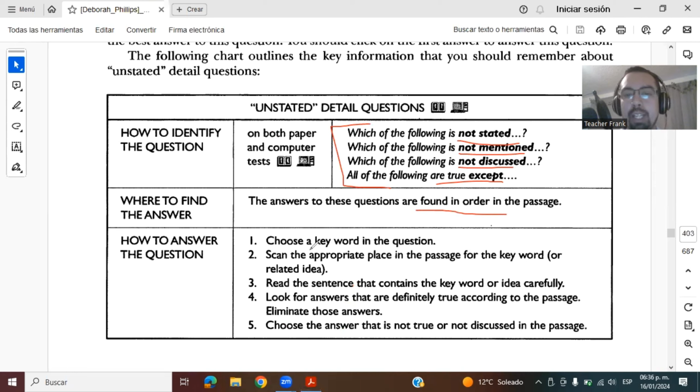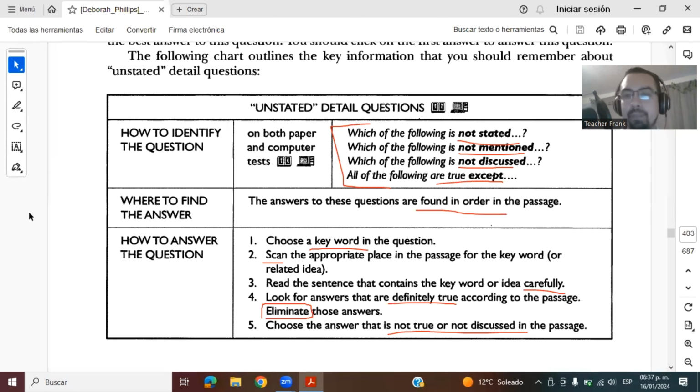Choose a keyword in the question, scan the appropriate place in the passage for the keyword or related idea, right? Read the sentence that contains the keyword or idea carefully. Look for answers that are definitely true, or definitely stated, and eliminate those answers, right? Those are not correct. And then choose the answer that is not true or not discussed. That one is going to be your correct answer, right?